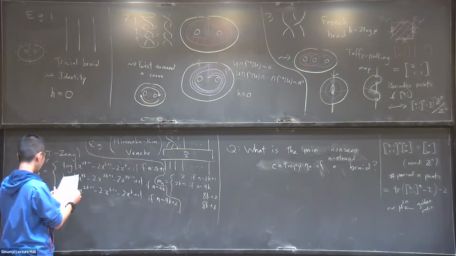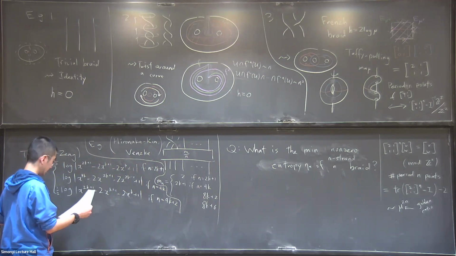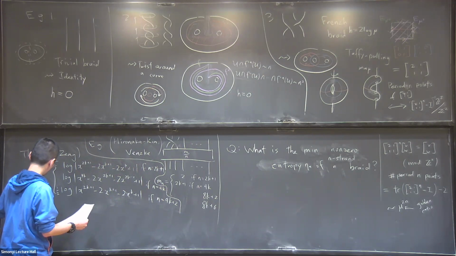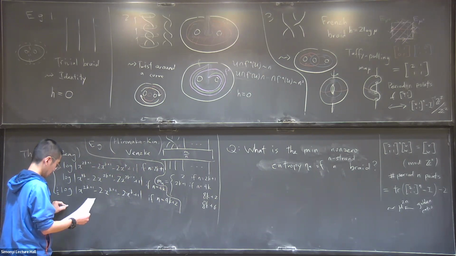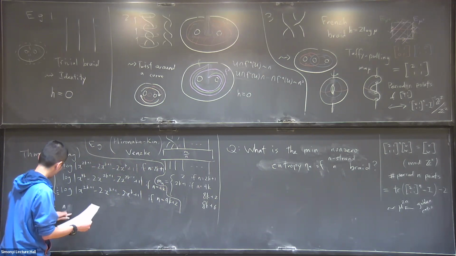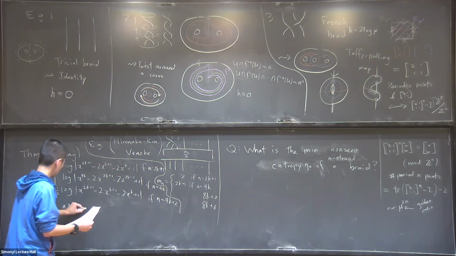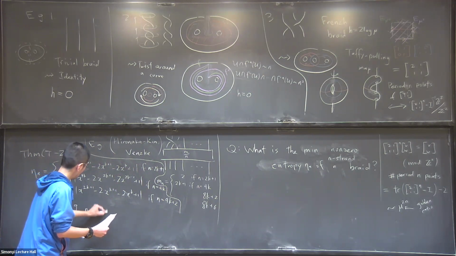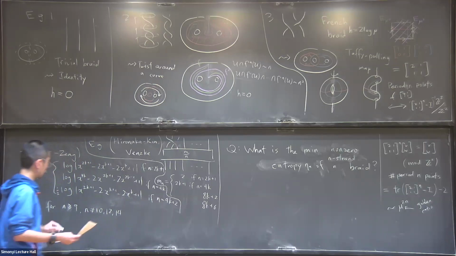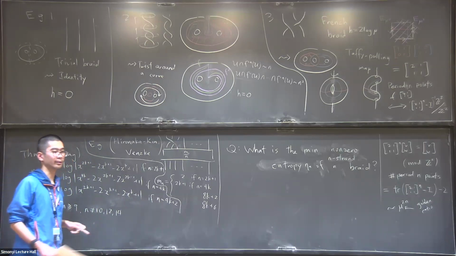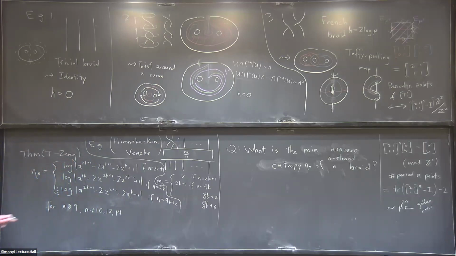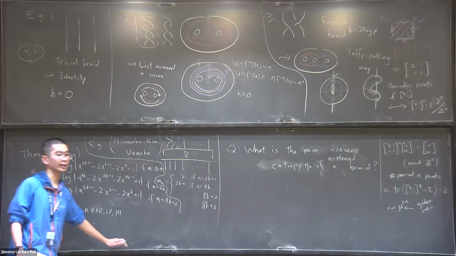Well, we did for almost all remaining n. We left out 3 remaining values. And this is sort of just an artifact of how we did this. We suspect that the same expressions are true for the remaining 3 values as well.